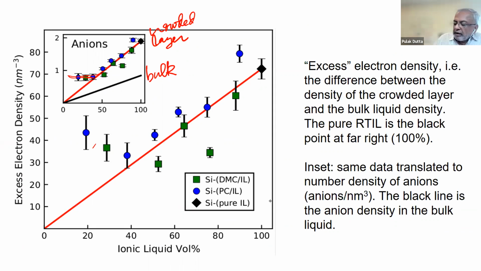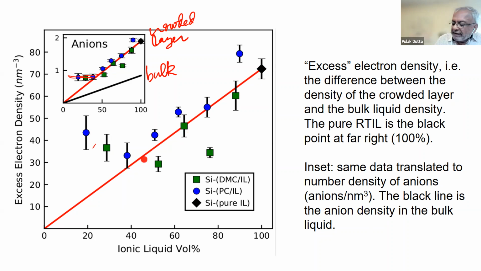Just to make clear, in order to go from the excess density, which just comes from a one slab fit, to the number of anions, we have to assume that the solvent concentration is the same in the crowded layer and in the bulk, because otherwise there are too many parameters and you can't fit it.